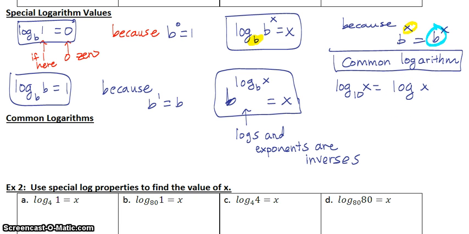So for example, let's say I had log of 5. Really, that is equal to log base 10 of 5. They just don't write the 10. It's kind of like how, remember in chapter 7 we learned a square root is really a 2 root. They just don't write the 2 because the square root's so commonly used. It's like that. So that's called a common log.